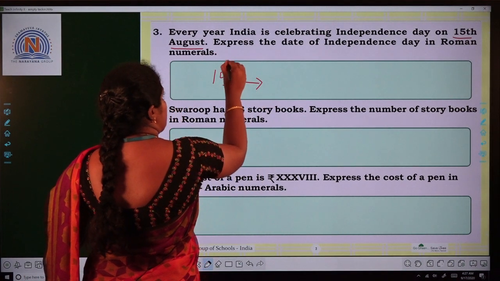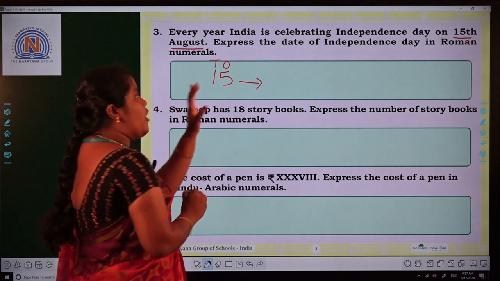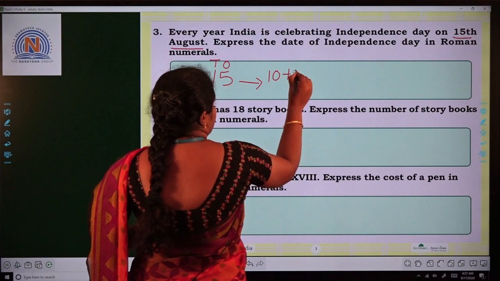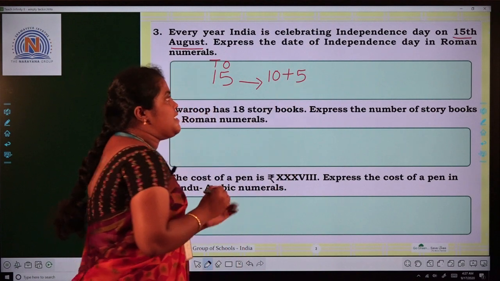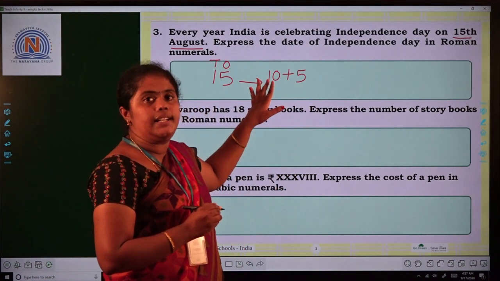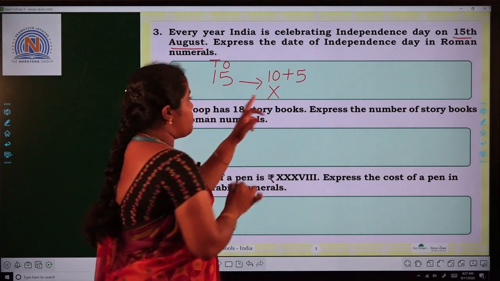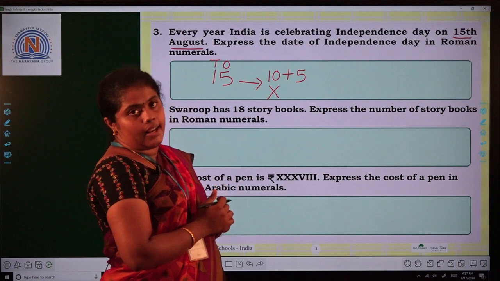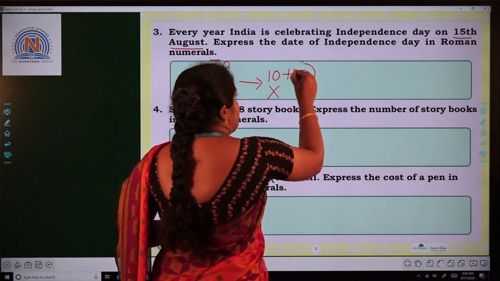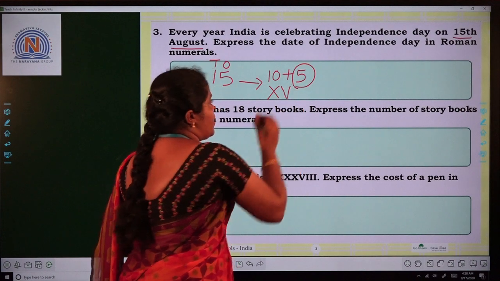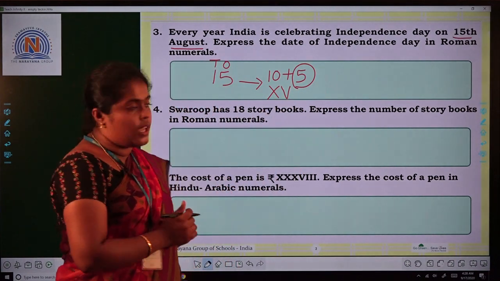Mention the places, ones and tens. Now we have to split the number, 10 plus 5. In the Roman system, Romans used to write the 10 by using the alphabet X. X value is 10. Next, in the Roman system, 5 is written V. So the value of 15 is XV.